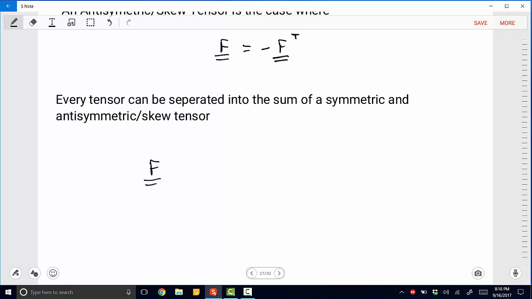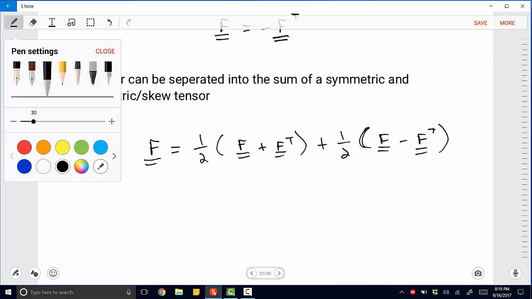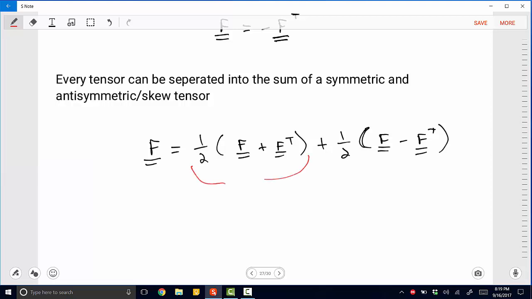So if we have a tensor F, we can find a symmetric portion of it, which is 1/2 of F plus F transposed, and we can find an antisymmetric portion, which is 1/2 the tensor F minus the tensor F transposed. So we end up with our symmetric portion and our antisymmetric, or skew, portion of this tensor.